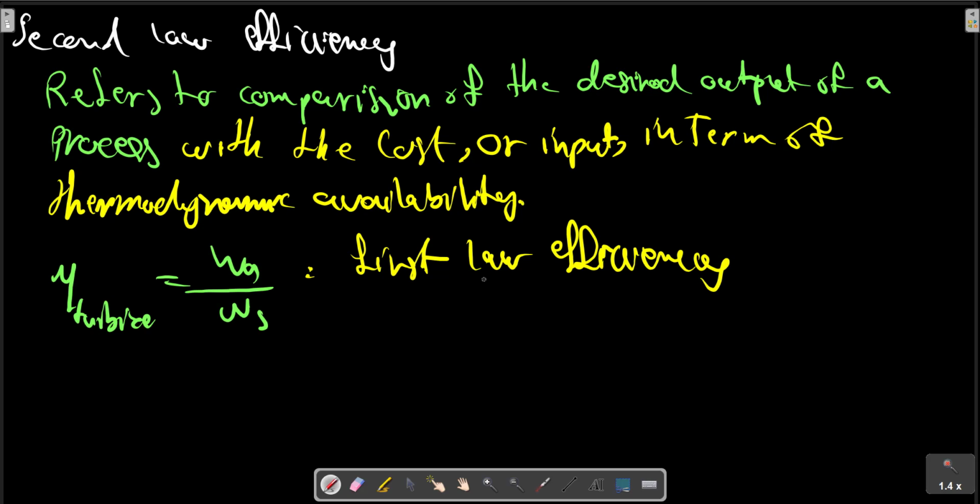As just described, it would be the actual work output of the turbine divided by the decrease in availability.